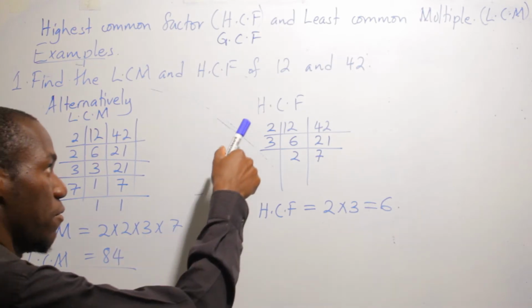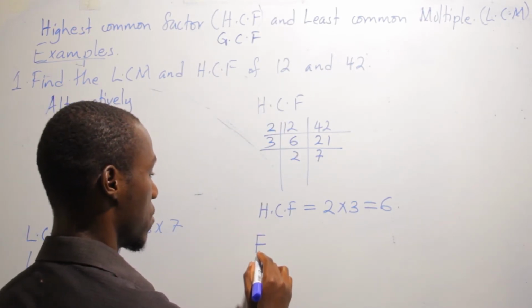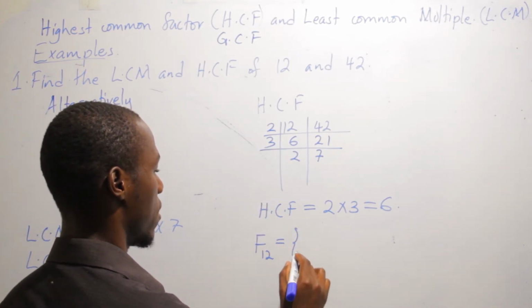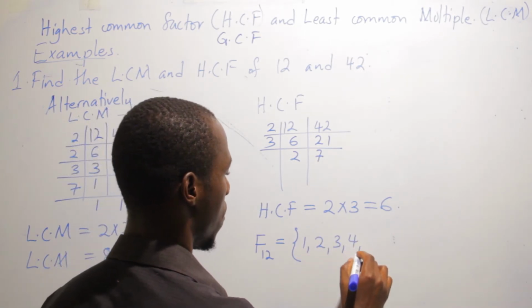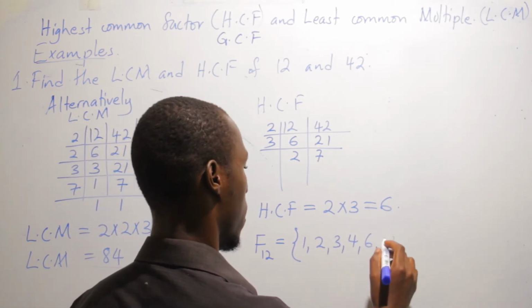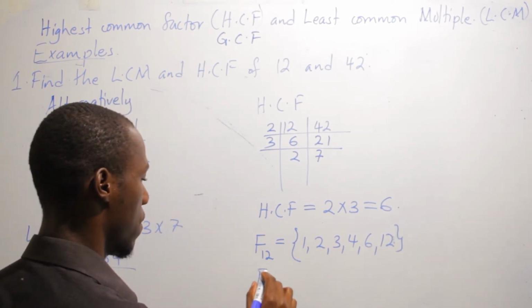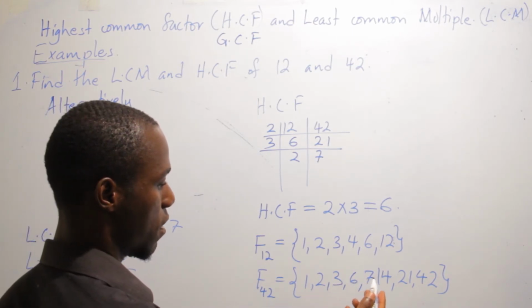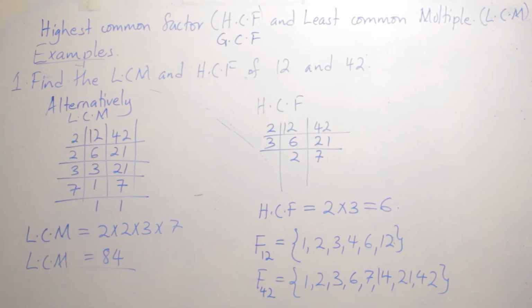Another method for finding the HCF is by listing the factors of those numbers. For example, the factors of 12, we have 1, 2, 3, 4, 6, and 12 itself. Then factors of 42, we have 1, 2, 3, 6, 7, 14, 21, and then 42.